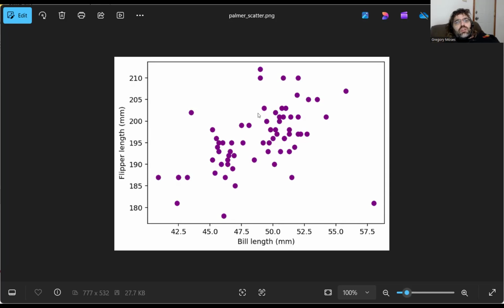So it's not obviously wrong that our silhouette analysis is suggesting two clusters. It's what I'd suggest if I were just looking at this scatter plot without any context. But if you're interested in penguin species, maybe three clusters is the way to go. No right answer, just depending on how you're approaching this.